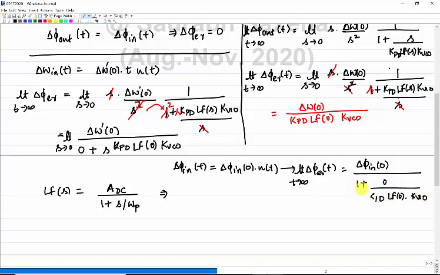Sorry, this is not the case. It should be the other way around. This is going to be 1 plus kpd times loop filter of 0 times kvco divided by s, or 0. Right? So if you have a 0 here, then this term goes to infinity. Okay, and then you are going to have phase error 0. So phase is going to be tracked if you have a DC gain.